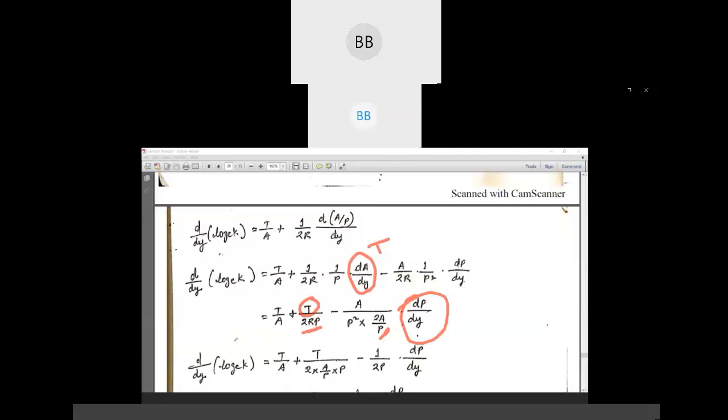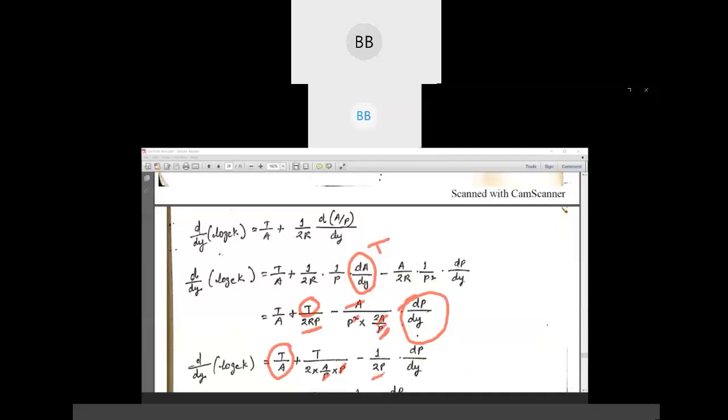The next left hand side will be same p by a. Then r is again replaced by p, a by p. This p will be cancelled out, twice a. Then here this a and this a will be cancelled out, and this p and p square will be cancelled out.